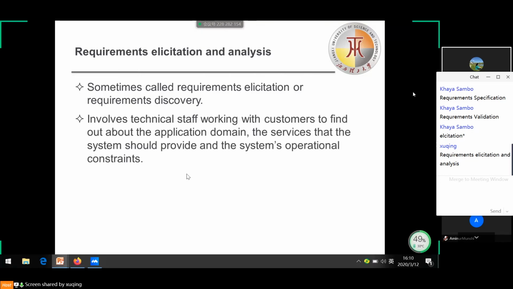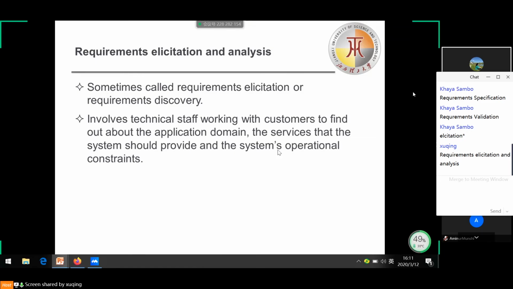In this stage, normally software engineers work with customers and other system end users to find out about the application domain, the services that the system should provide, and the system's operational constraints. That means the required performance of the system, hardware constraints, etc.